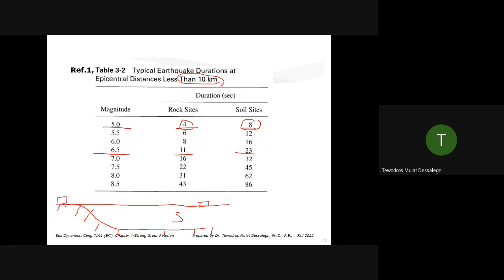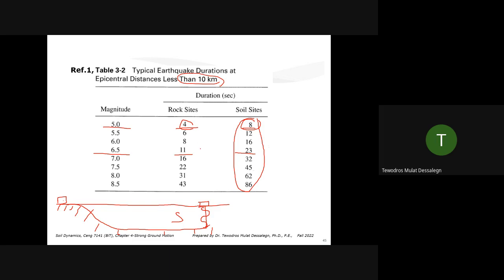This is on rock. This is on soil. That's what we mean by on soil, because it's getting amplified on soil. Soil is more flexible, so it takes more time to pass through. That's why you have it in soils. In soils, all of them have larger duration and smaller duration in rock.